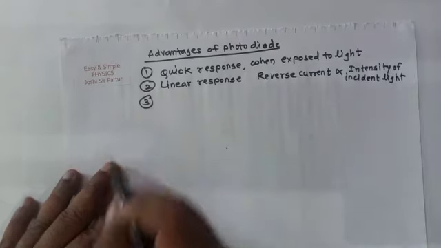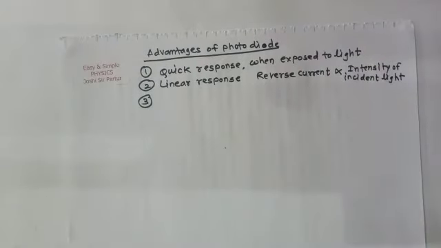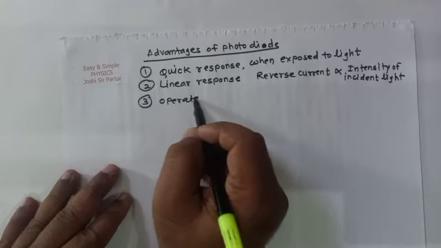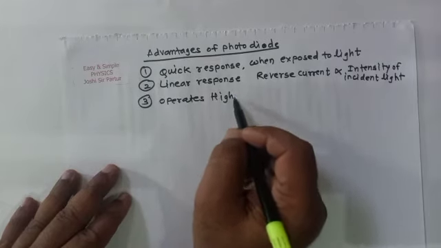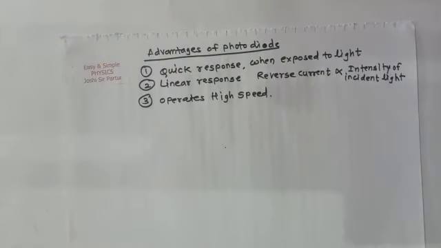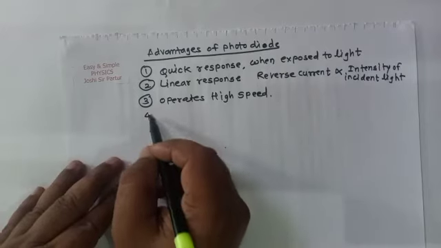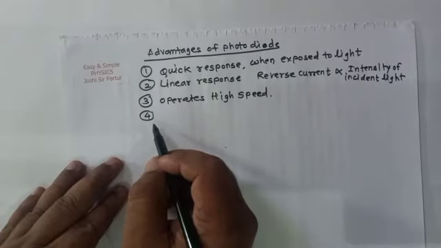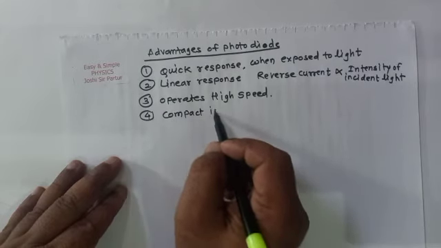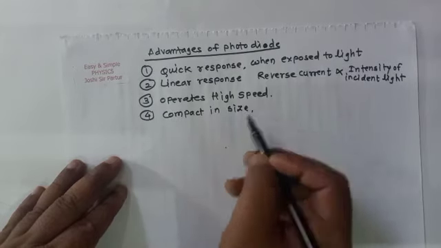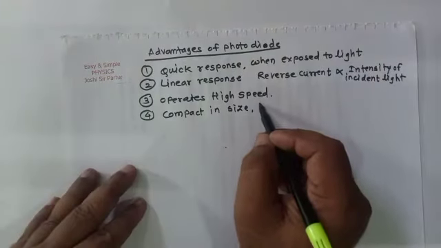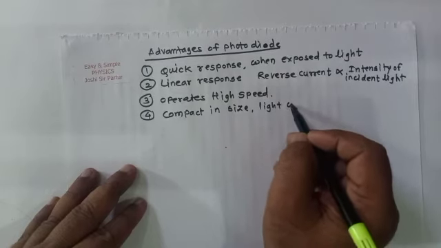Number three, photodiode operates at high speed. Speed is very high. Number four, the size of the photodiode is compact. It is compact in size and light weight.